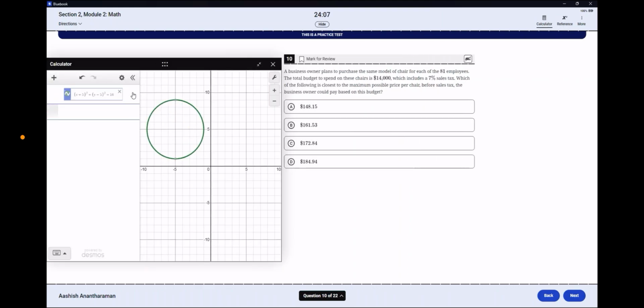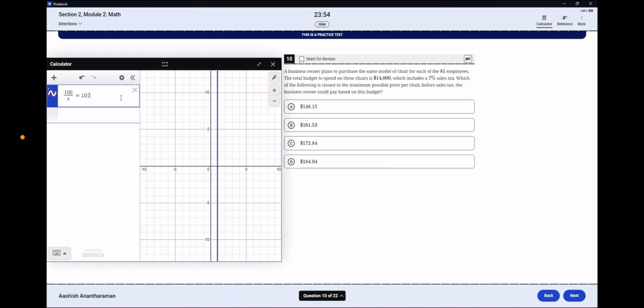So we have to, if 100 over x, we're using a ratio here. So 107. So 107 is just 7% more, and that's going to be 14,000, right? So we're just using a ratio here to find the total budget before sales tax.